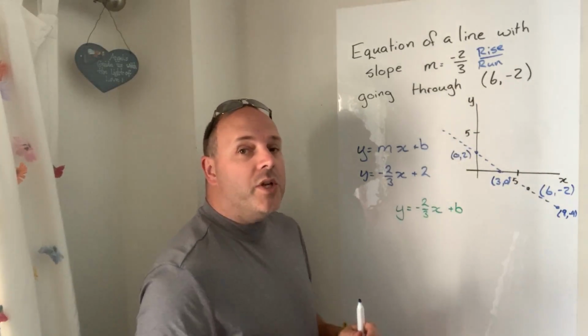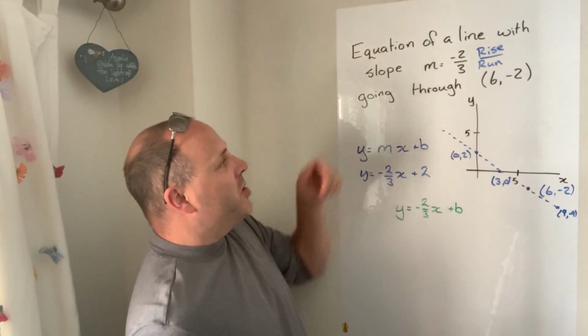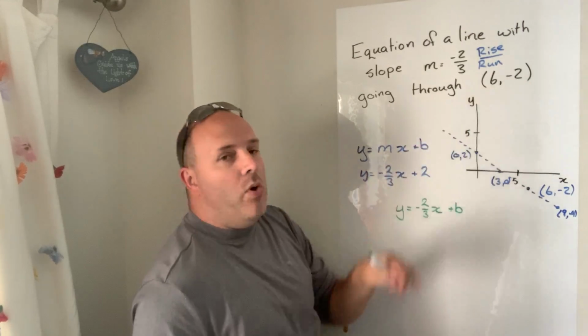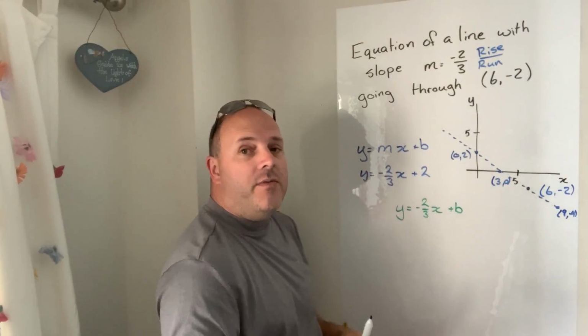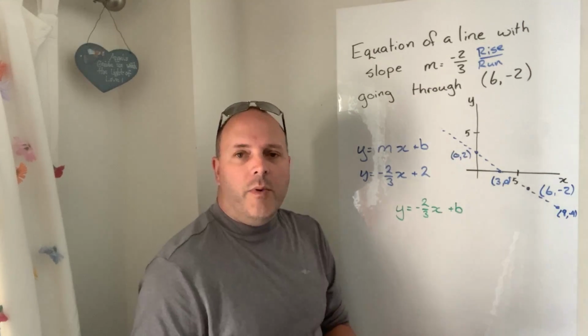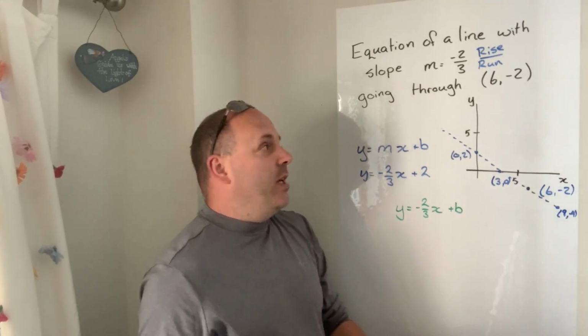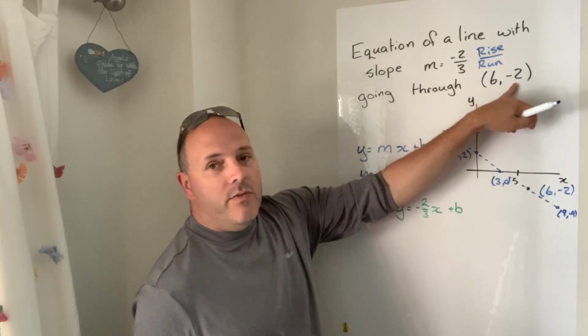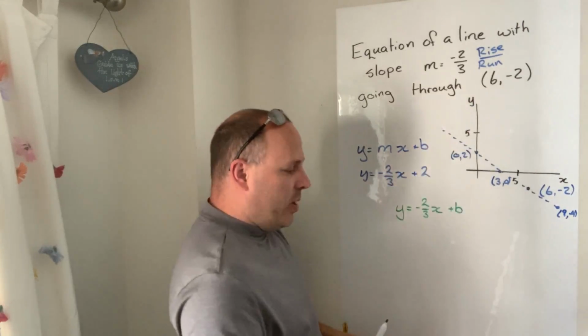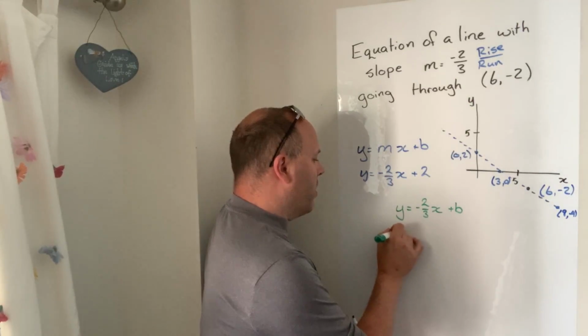Really, all I know to start with is they told me the slope should be -2/3. And I know a point on the line, (6, -2), so I can substitute that into the equation, and the formula should result in a y value of -2 when I put an x value of 6. So I can substitute those two in.